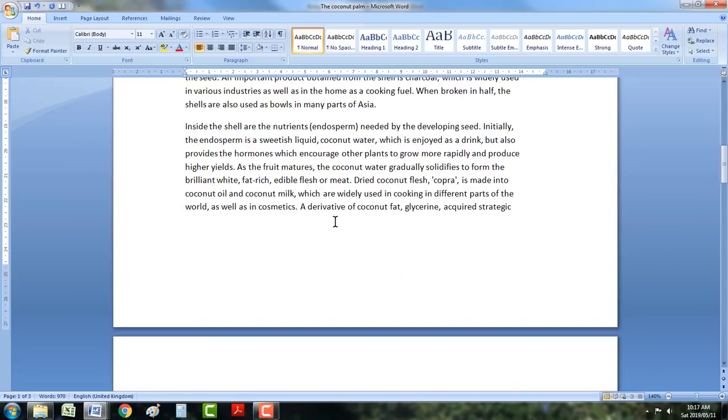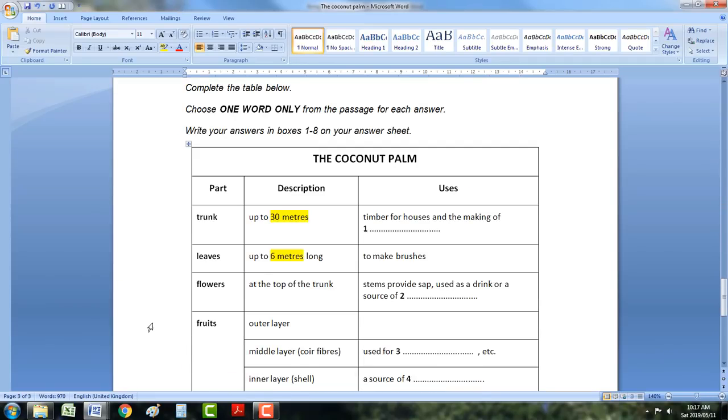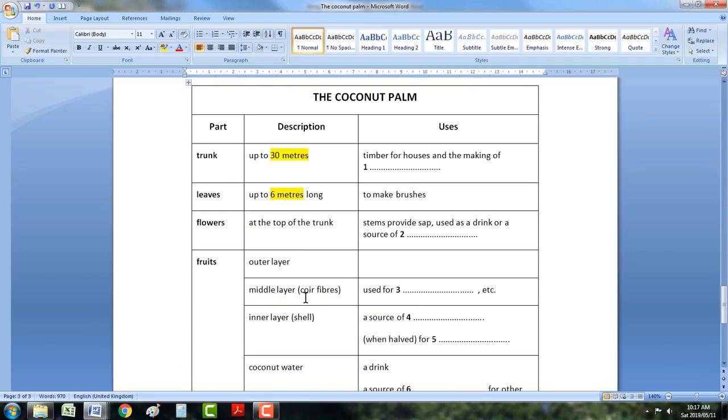We're starting over here. Now we want to go back and find some clear nouns. And actually these are very nice and clear. This is the different parts of the coconut tree. The trunk is the main part, the leaves, the flowers, and the fruits. You know these words. Maybe we should go and try and find those.